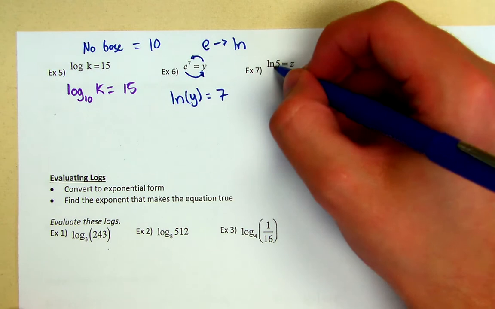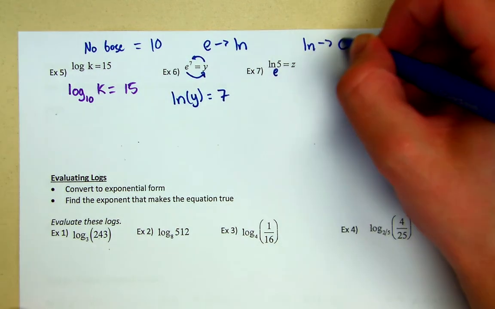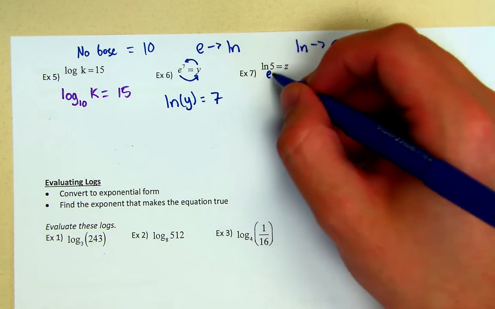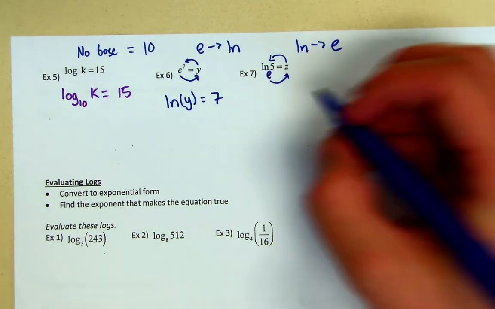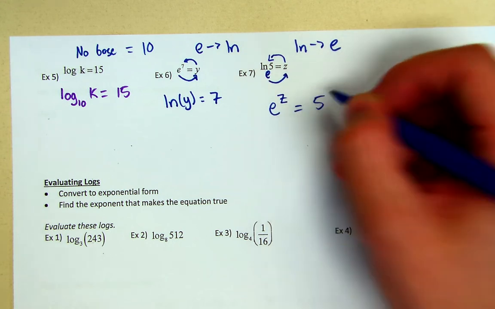And again, here, this one you have to think of it, natural log goes with base e. So there's an e there, so I'm going to write this, and then go ahead and switch. So e to your power gives you 5. So e to the power z equals 5.